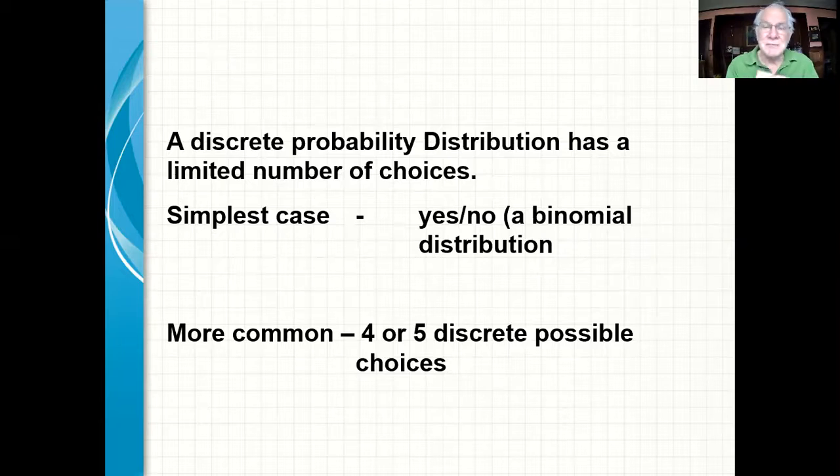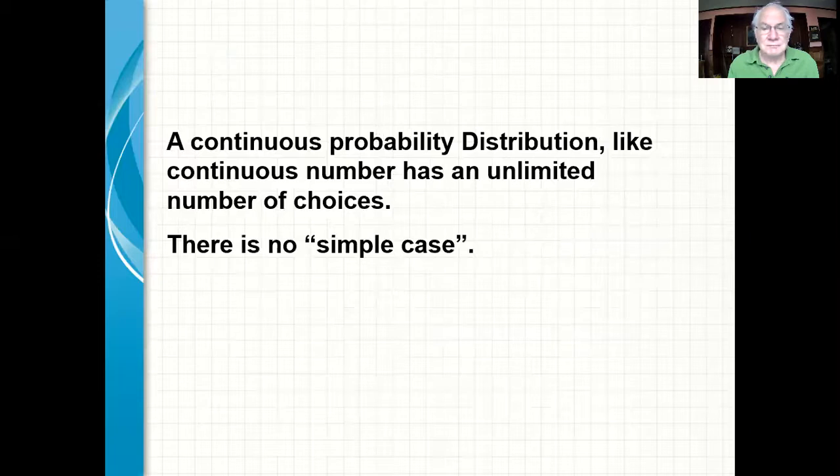You had some stuff in that last week where it's a simple yes or no, more commonly where there are 4 or 5 possible choices. There's no simple case with continuous probability distributions. There's just a bunch of cases in it, and that's a basic point.